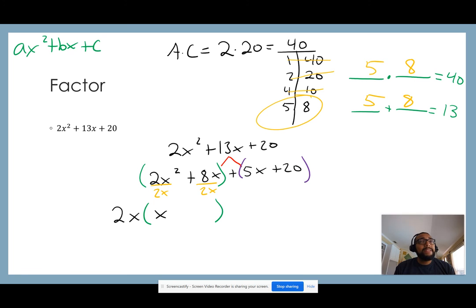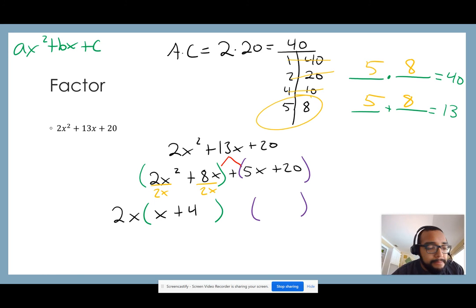All right, so 8 divided by 2 is just 4. And x divided by x is just 1. Again, to check yourself, you can multiply or distribute that 2x to everything inside the green parentheses. So you can do 2x times x, which is 2x squared, and then 2x times 4, which is 8x. So we're good here.